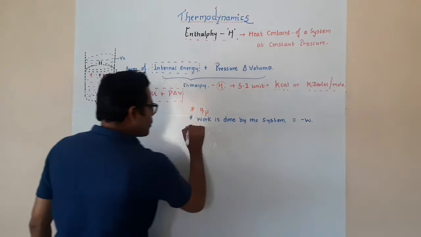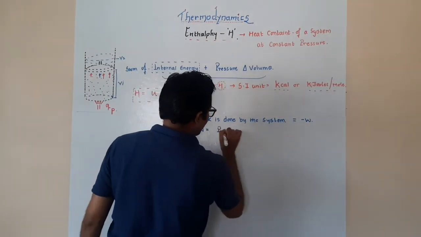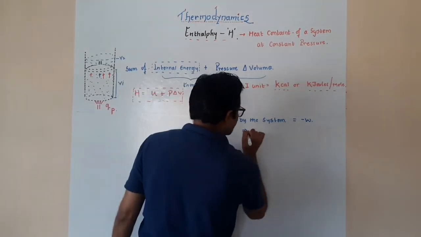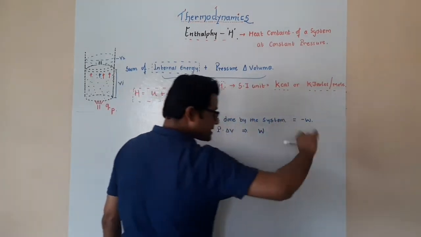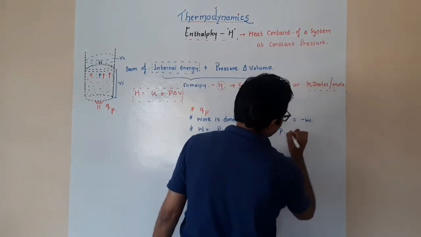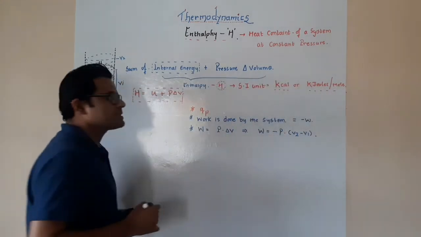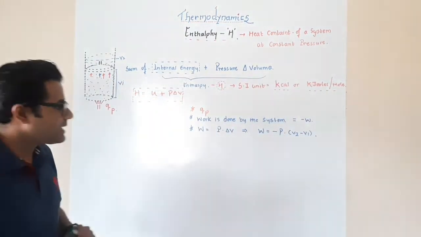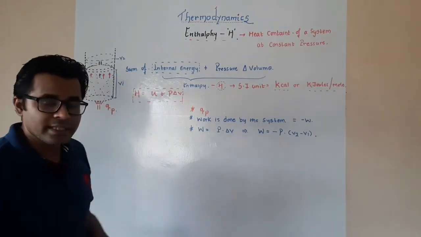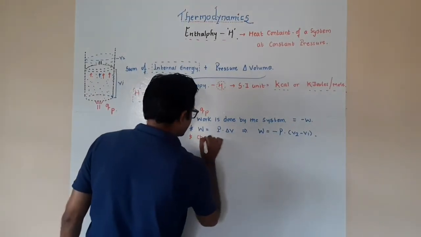Therefore work done is equal to P into delta V. As the work is done by the system, we give it as minus P into V2 minus V1. Is this correct? Now at the same time, there is going to be a change in the internal energy.